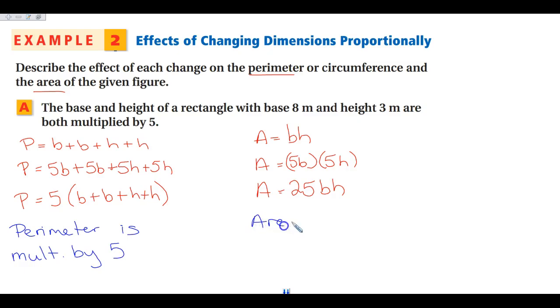So my area is multiplied by 25. Recognize that 25 is 5 squared. Okay, so that's something that I kind of want you to pay attention to. We're going to talk about that in a minute.